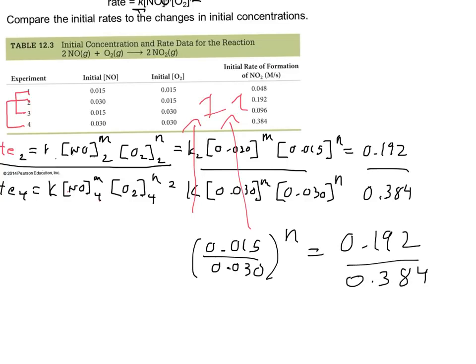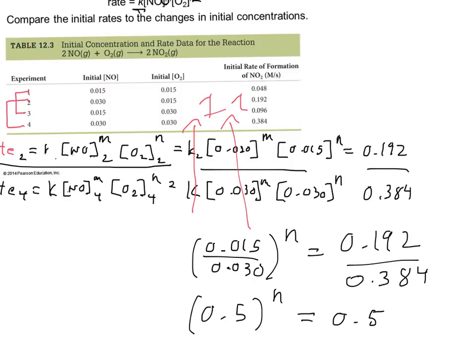So we grab our calculators again. 0.192 divided by 0.384. Hey, what do you know? So we have 0.5 here, and we have 0.5 here.